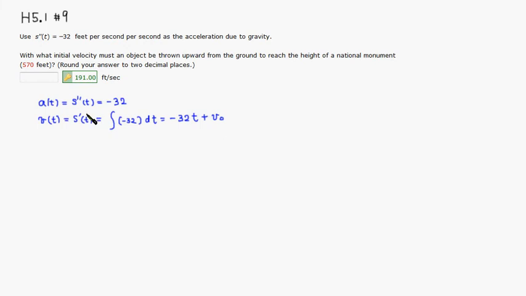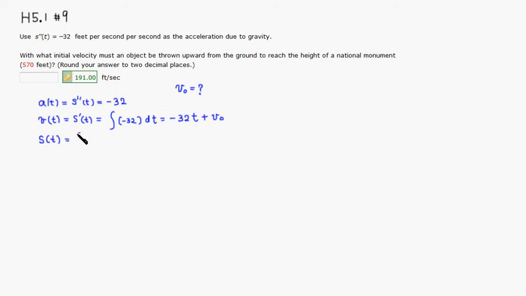So with what initial velocity? Actually, this is what we're looking for. We are trying to find v0, so we need to leave it at that. Then, since we have to talk about the height of the national monument, which is 570 feet, a height function s is going to be the antiderivative of the velocity.